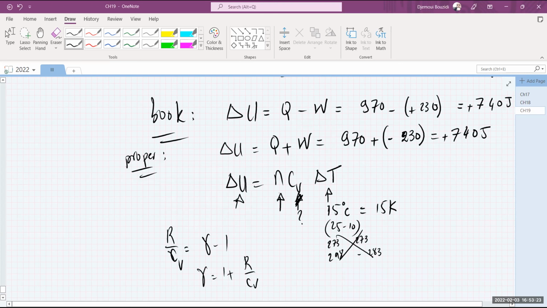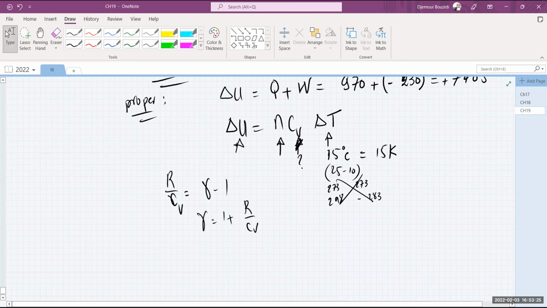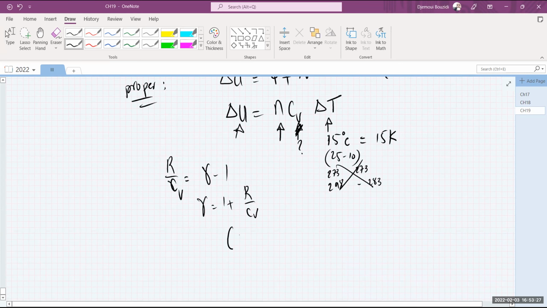That's one way of doing it. The other way is, since we know Q, in this case at constant pressure, is N CP delta T. We have Q, which is 970. So this number is given. By the way, we found this one to be 740. This one is actually 970.